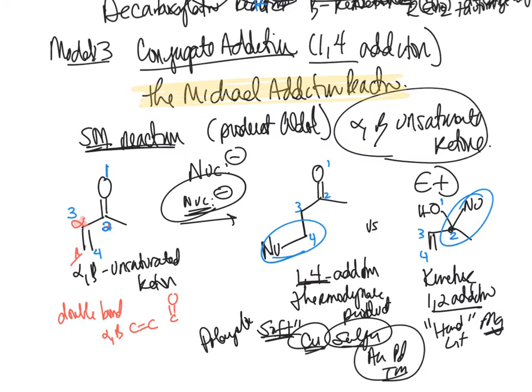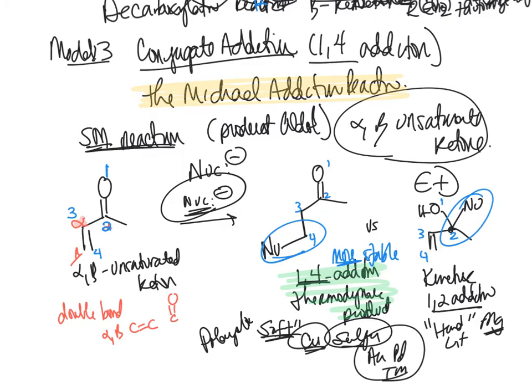For the thermodynamic product, it is the 1,4. The thermodynamic product is the more stable product. It's always going to be the more stable, okay? Thermodynamic, more stable. So in an energy diagram, it would be lower energy.